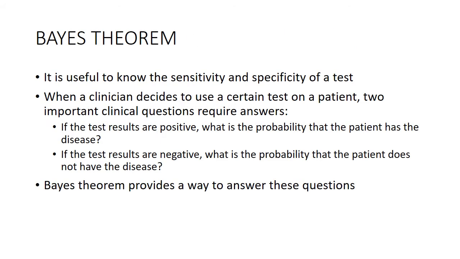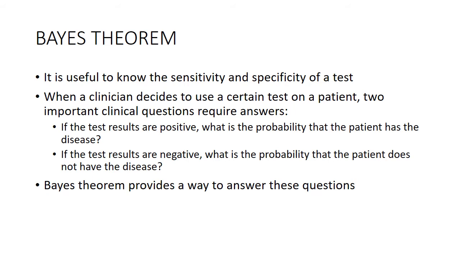So one of the first things we're going to do to talk about how we can apply evidence-based medicine to our patients is using Bayesian statistics, or Bayes' theorem, which we mentioned in the first section of the class, but we'll cover again here now that we have a much better tool set to understand and interpret this information. Basically, when you have a test, it's really important to know the sensitivity and specificity of the test, just how well it can perform in identifying true positives, true negatives, things like that.